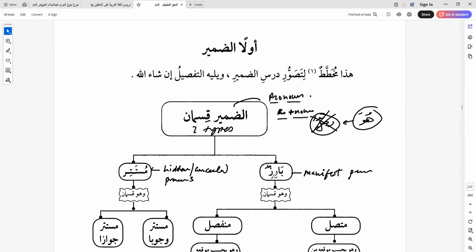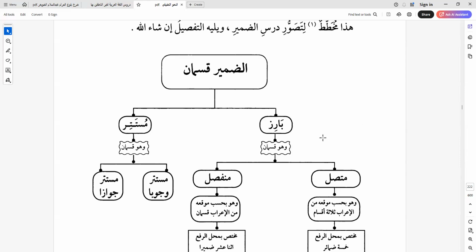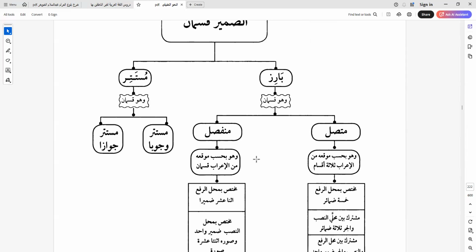Damir al-bariz has 2 types, and the hidden damir, mustatir, also has 2 types. That's very interesting, so that's what you have to know. Istatara means to hide something, and barizon means something that is manifest, obvious, in the open. You can see it.